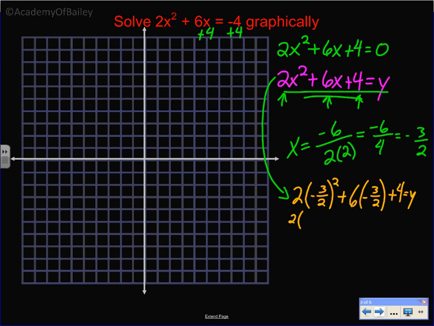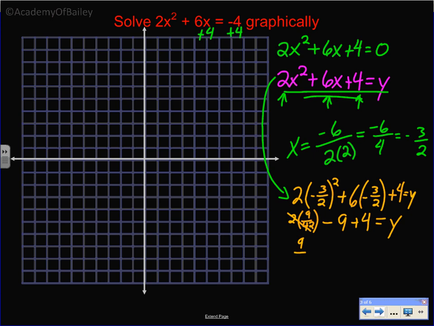You're going to have 2 times 9 over 4, since negative 3 halves squared is 9 over 4. And 6 times negative 3 over 2 is going to be negative 9, plus 4. Go ahead and multiply 2 times 9 over 4. I can cancel the 2 out, and the 4 reduces to a 2, so we have 9 over 2.